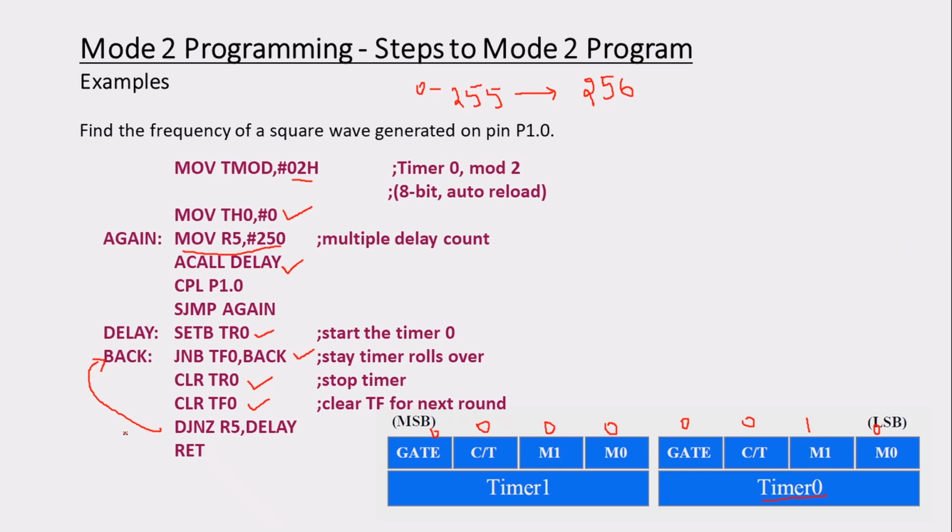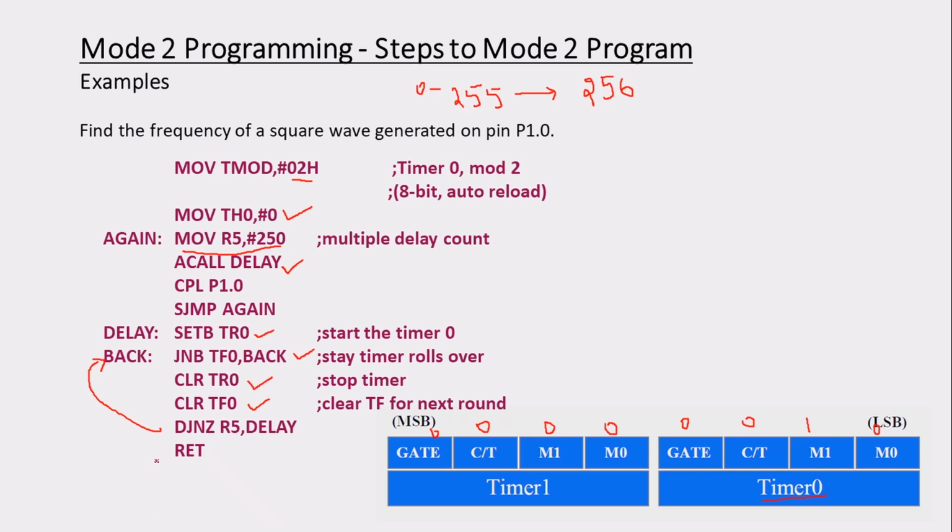So we are starting and stopping the timer 250 number of times, and the timer itself takes 256 cycles to complete one particular value.